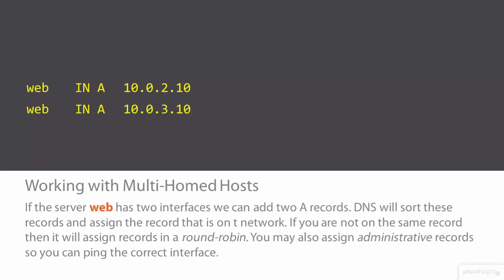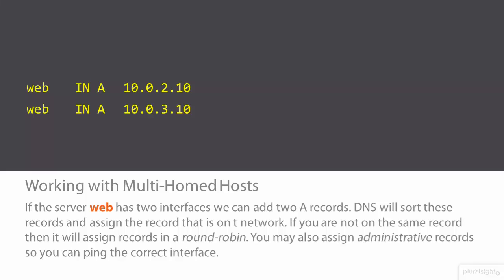So here then we've got a server, web. We can see we're creating two address records for web. We've got the address record 10.0.2.10 and the address record 10.0.3.10. So yes, it's on two different networks.